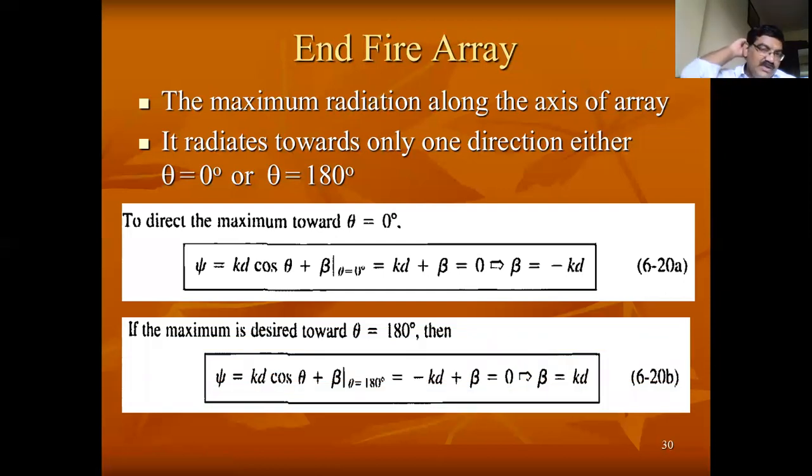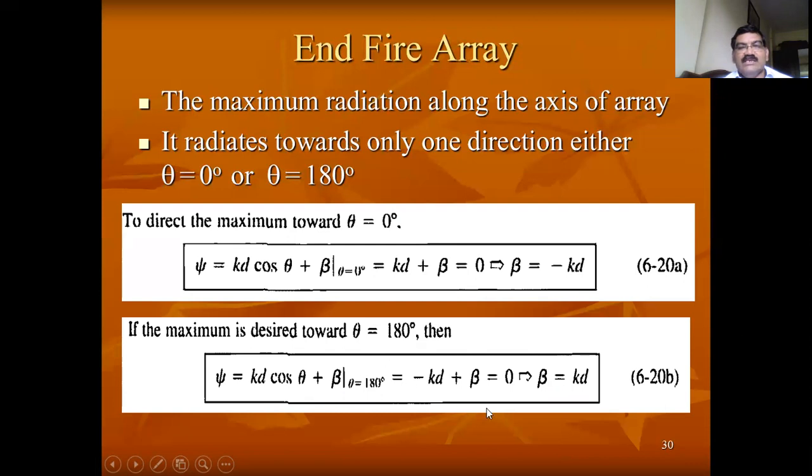In the broadside, you require beta equals 0. But here the requirement is beta equals minus kd. If the maxima is designed towards theta equals 180, this is theta equals 0 for the positive z-axis, and this is for the negative z-axis.